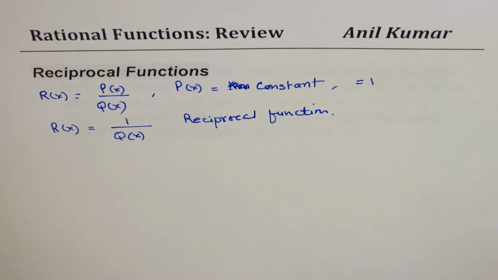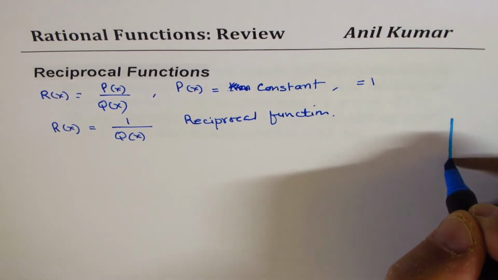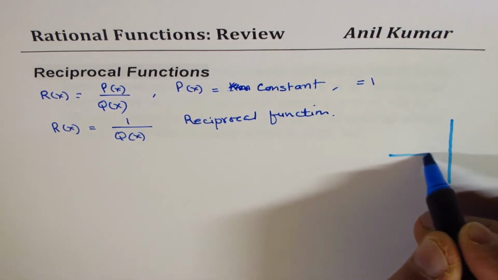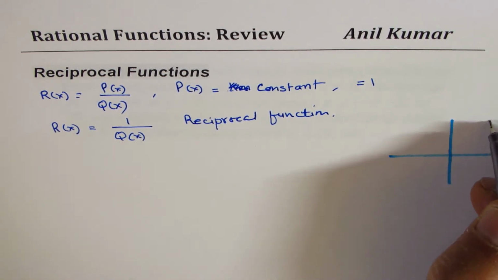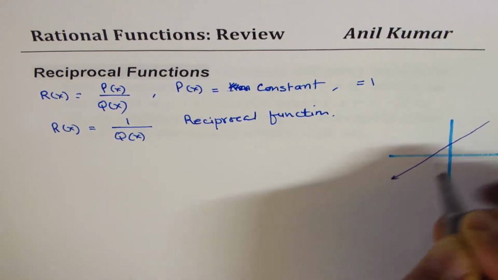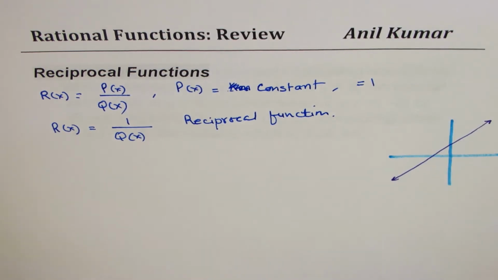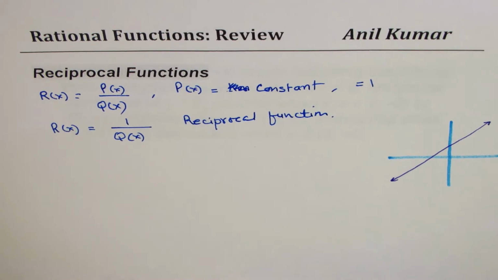Correct. To begin with, let's take the simplest example. Let us take a line. So let this line go through some x and y intercepts. Now, what we have taken here is a line.